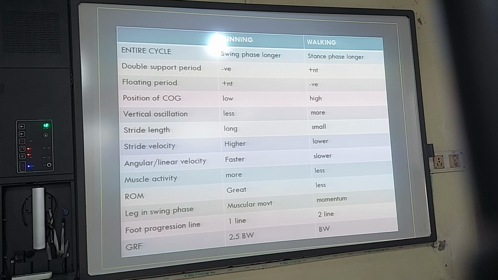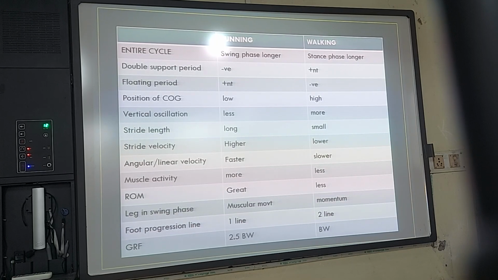The double limb support is not there in running, but it is present in walking. Floating period, of course, is there in running. Is there any floating period in walking? What happens to the position of the center of gravity? The center of gravity is low in running and high while walking.